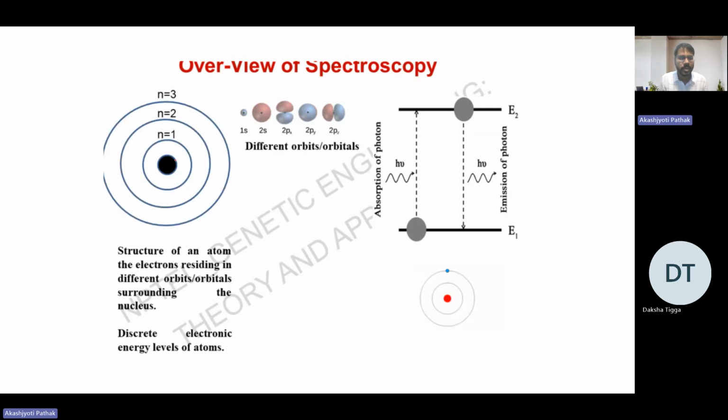So if you look at the structure of an atom, inside an atom the electrons are residing in different orbits or orbitals surrounding the nucleus, and these electrons will have discrete electronic energy levels. These orbits are also called the energy levels.